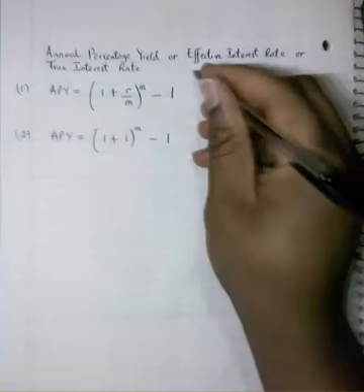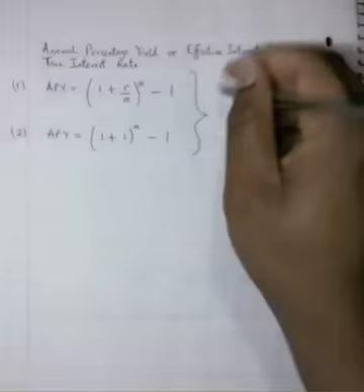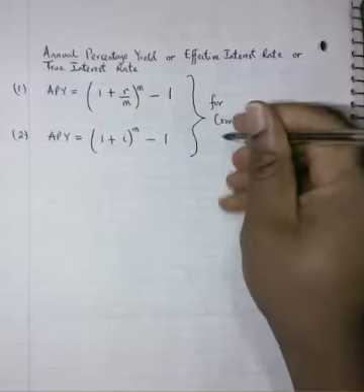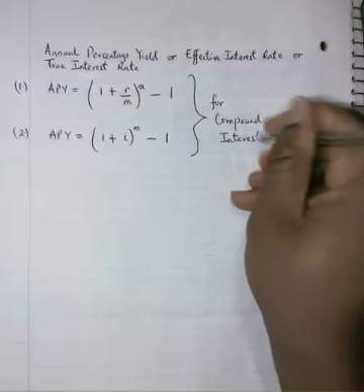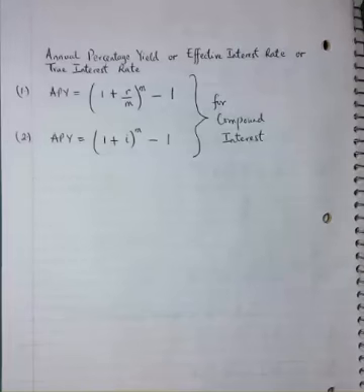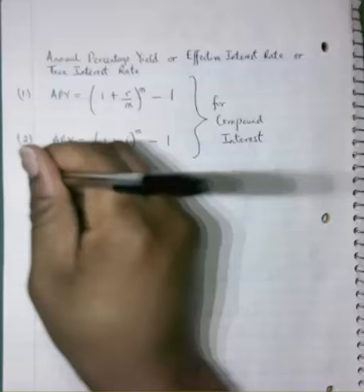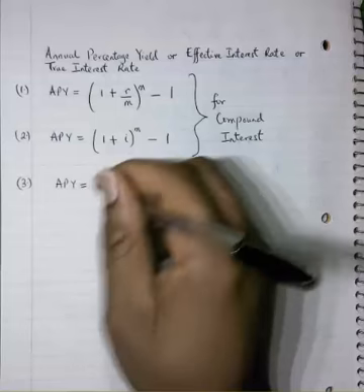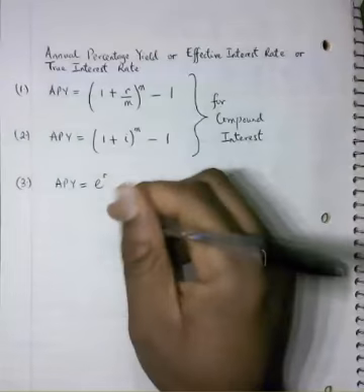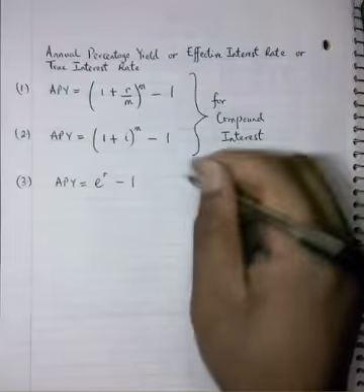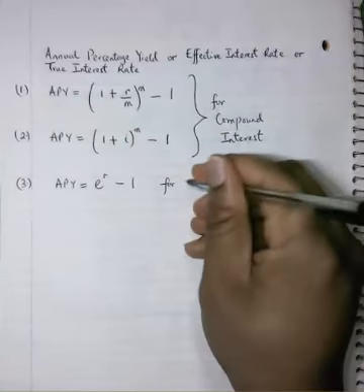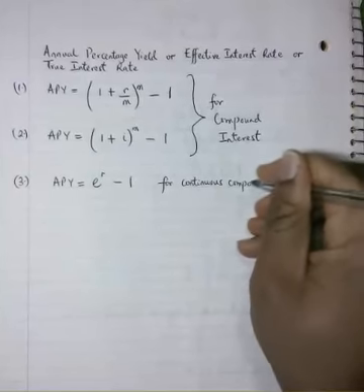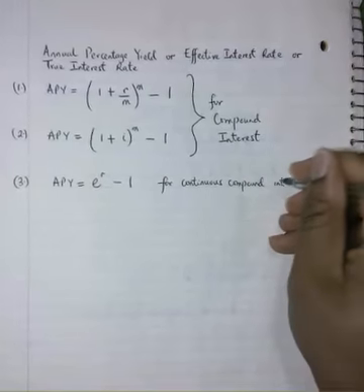So these two formulas we just wrote are for compound interest. Then the third formula is that the APY is equal to e exponent r, minus 1. And this one is for continuous compound interest.